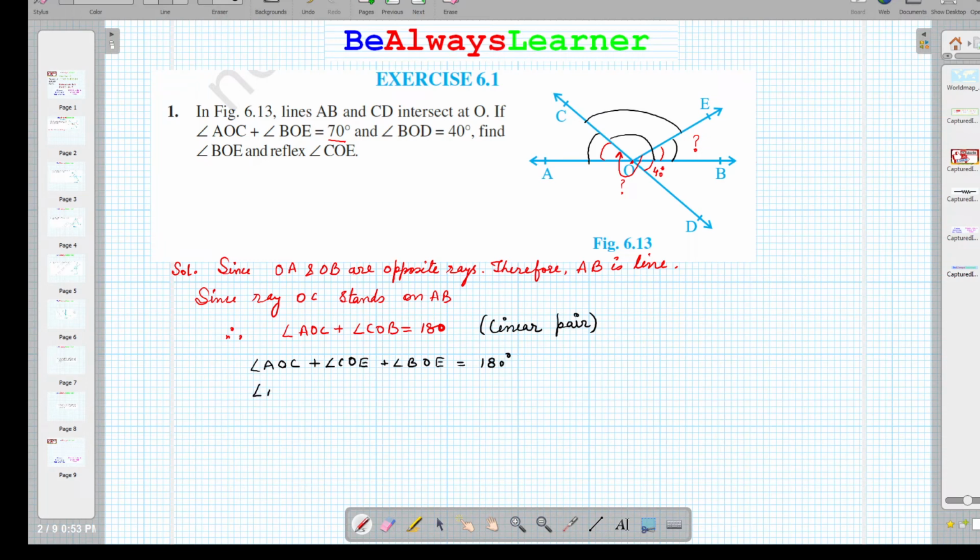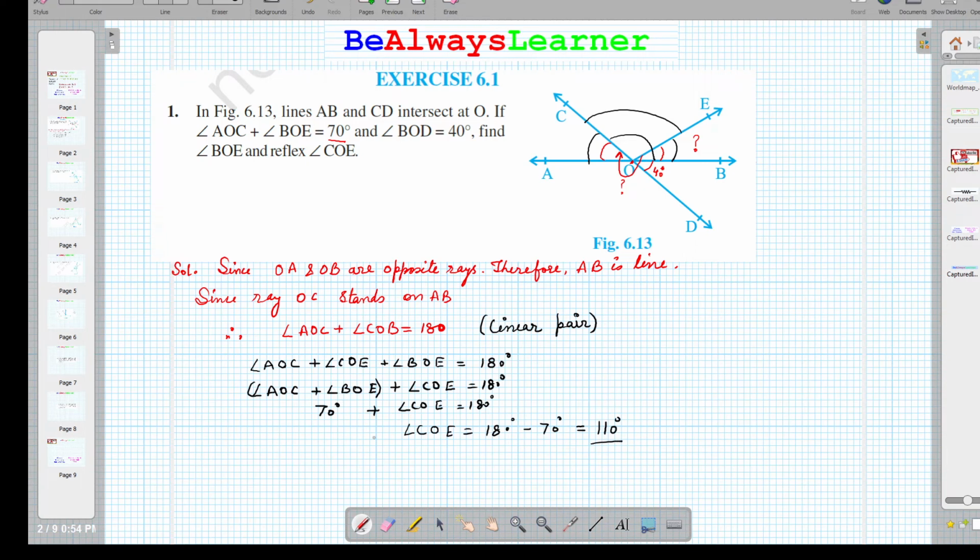So angle AOC plus angle BOE, that is given to us as 70 degrees, plus angle COE is 180 degrees. So angle COE equals 180 degrees minus 70 degrees, that comes out to be 110 degrees.